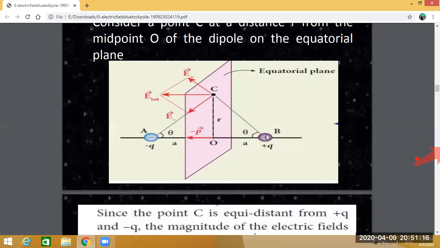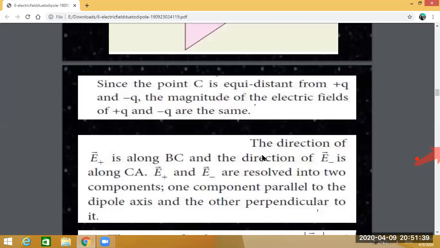So now the electric field at the point due to charge at B is kQ upon r square, and instead of r, we place here root under a square plus r square. This is the result here.